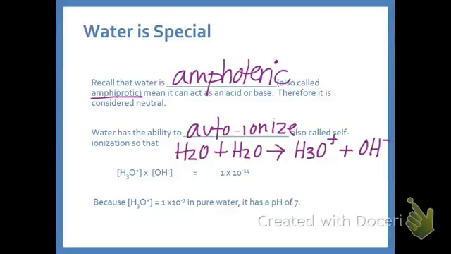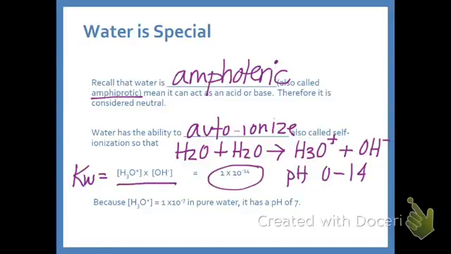On one of those worksheets we had that formula at the top, and I told you to ignore it, where Kw is equal to the hydronium times the hydroxide, which is equal to 1 times 10 to the negative 14. That's where we get the 14 on our pH scale of 0 to 14, because if you take the negative log of those multiplied together, it gives you 14.